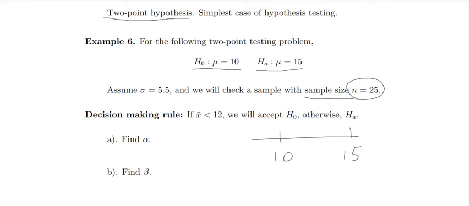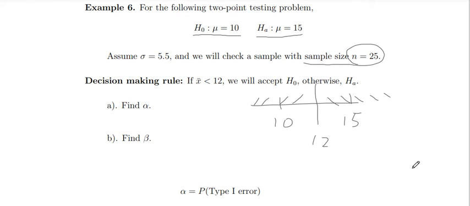The decision-making rule has a cutoff point of 12. If x bar is less than 12, then we believe H0, mu equals 10. If x bar is larger than 12, then we believe mu equals 15. Okay, for this decision-making rule, we try to find alpha and beta.